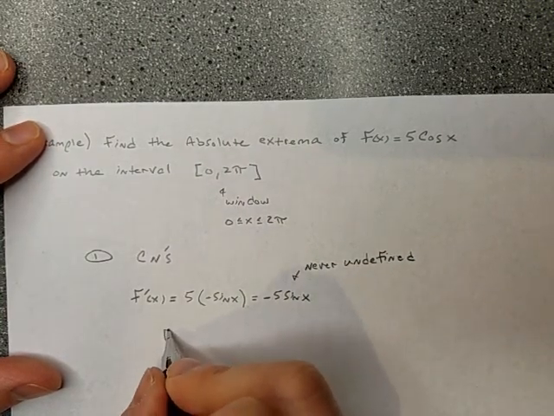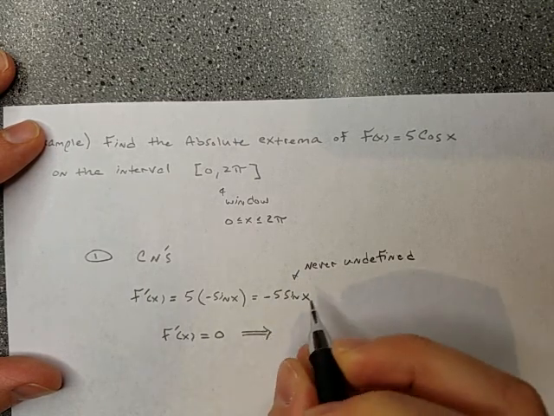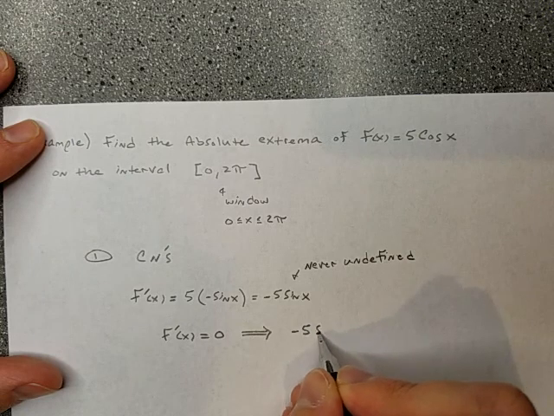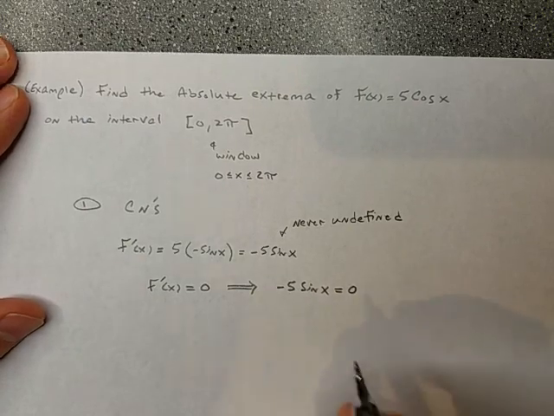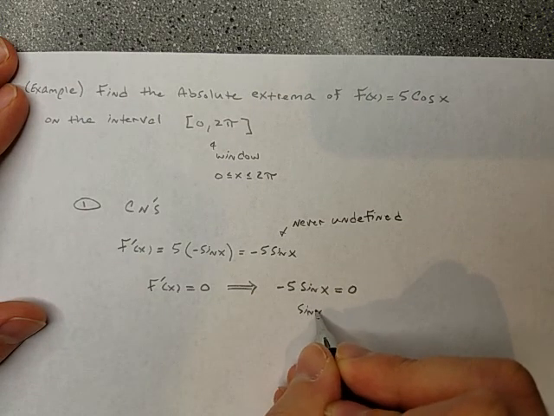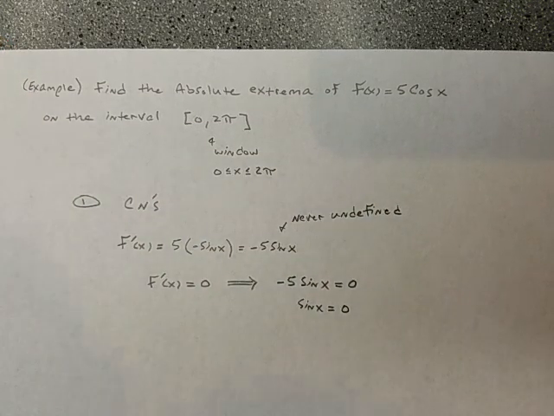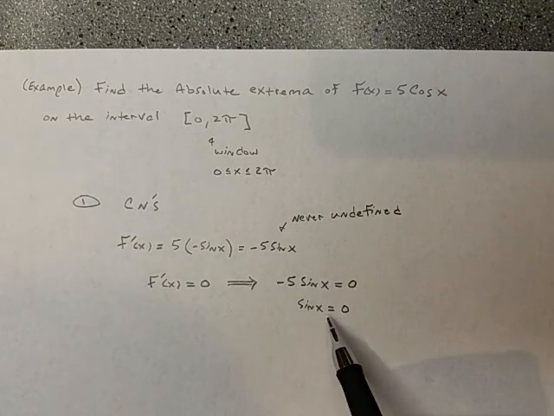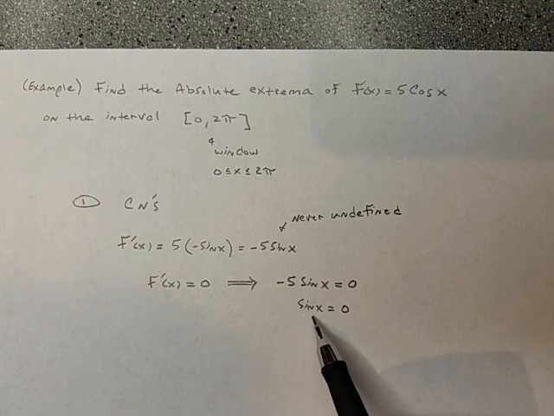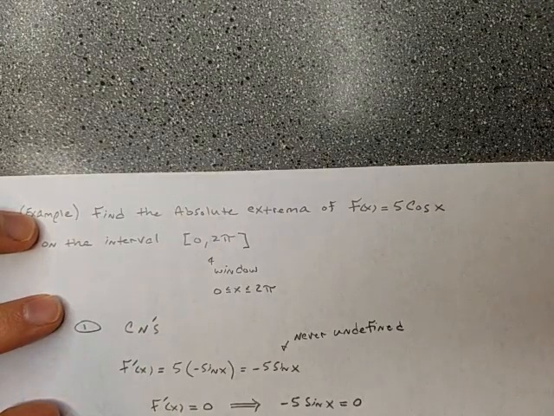But what about that derivative being 0? Well, that's going to amount to solving negative 5 sine x equals 0. If we divide both sides by negative 5, it'll amount to solving sine x equals 0, since 0 divided by negative 5 is 0. Unfortunately, there's no nice way to do this. We have to think about the angles where sine of the angle is 0 in the interval from 0 to 2 pi.